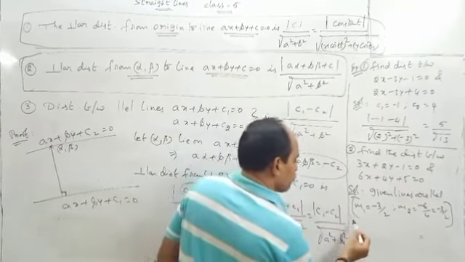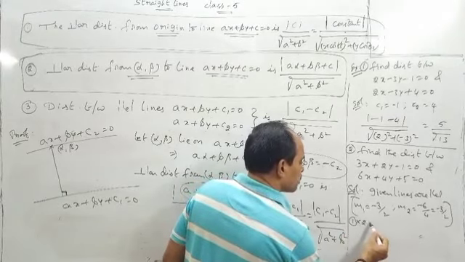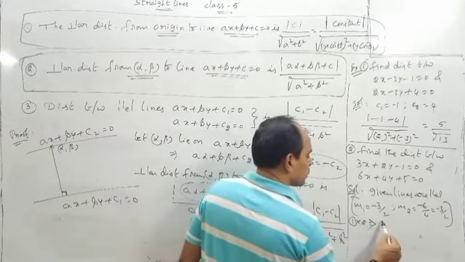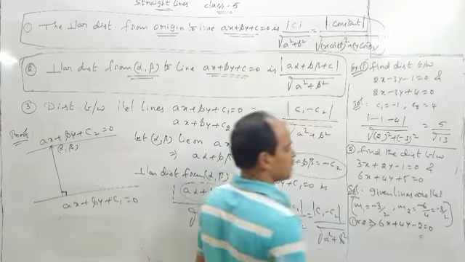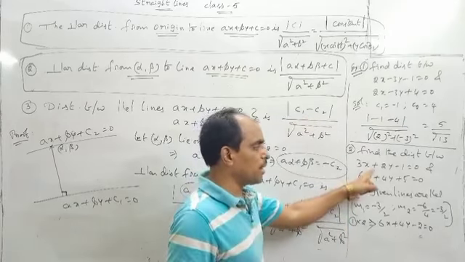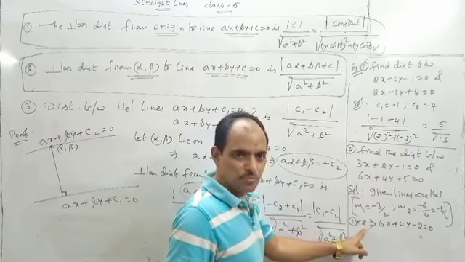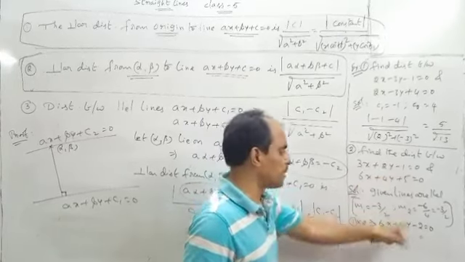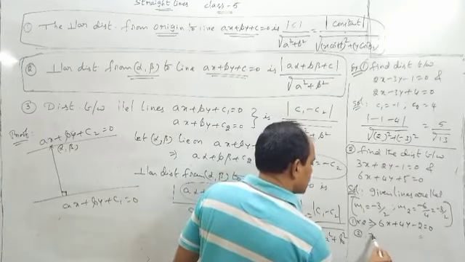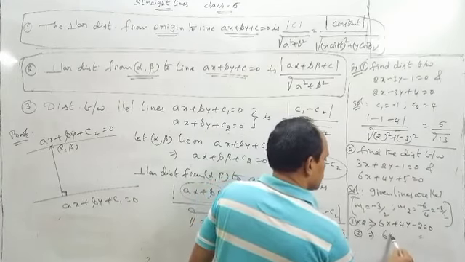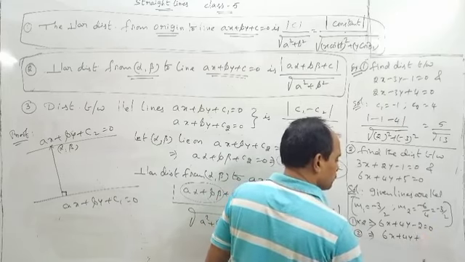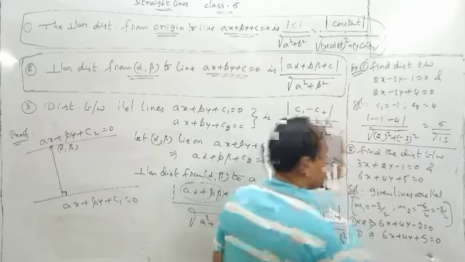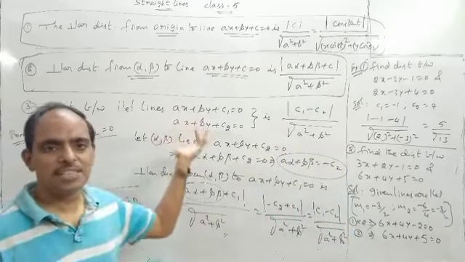So first equation multiplied with 2, then what you will get? 6x plus 4y minus 2 is equal to 0. I am multiplying the first equation with the number 2. 6x plus 4y minus 2. What about equation 2? Same. 6x plus 4y plus 5 is equal to 0. So now both are in the same form.